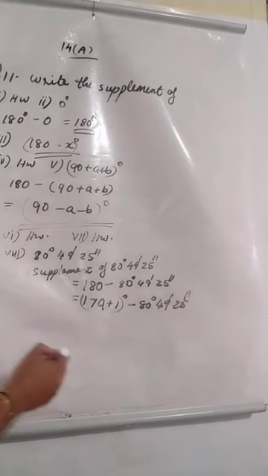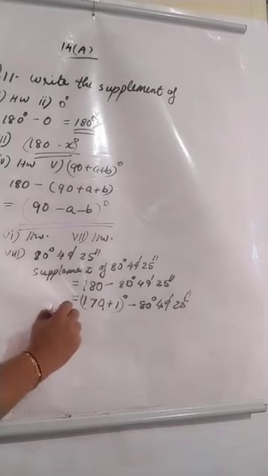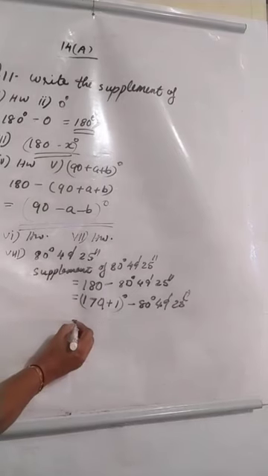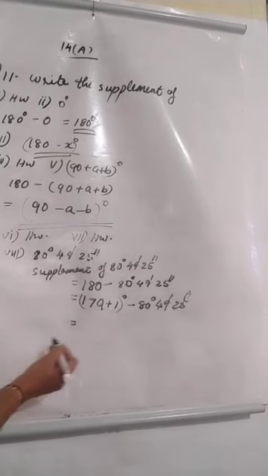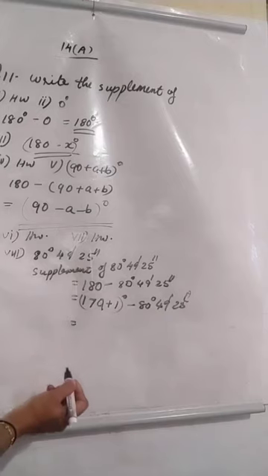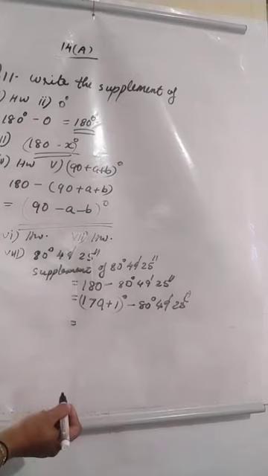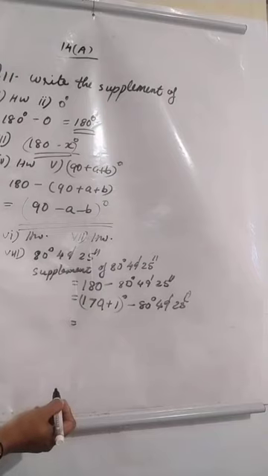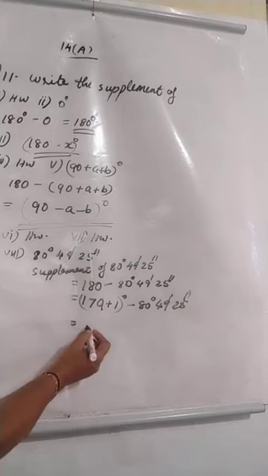But we have to write it in minutes and seconds. Then how can we write that? Yes, 1 degree means it is 60 minutes, no? And 60 minutes, how can we divide into minutes and seconds?